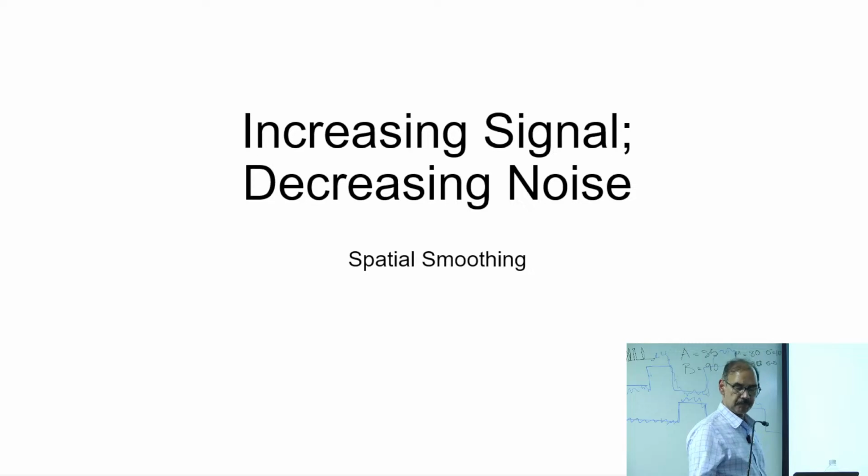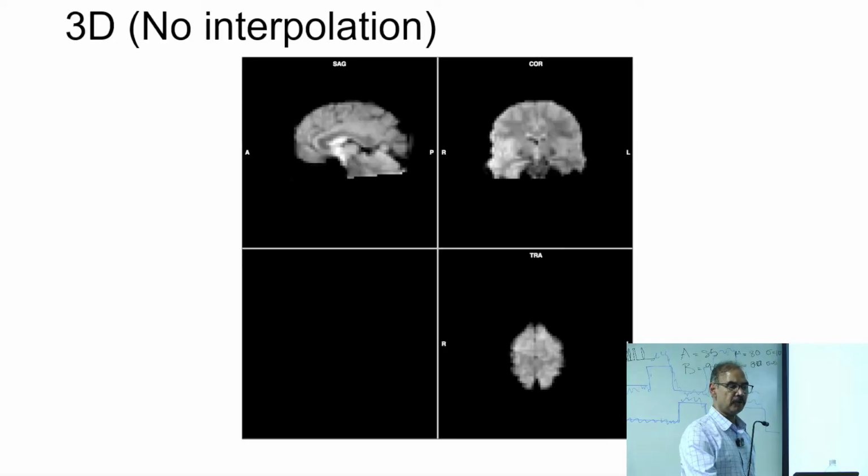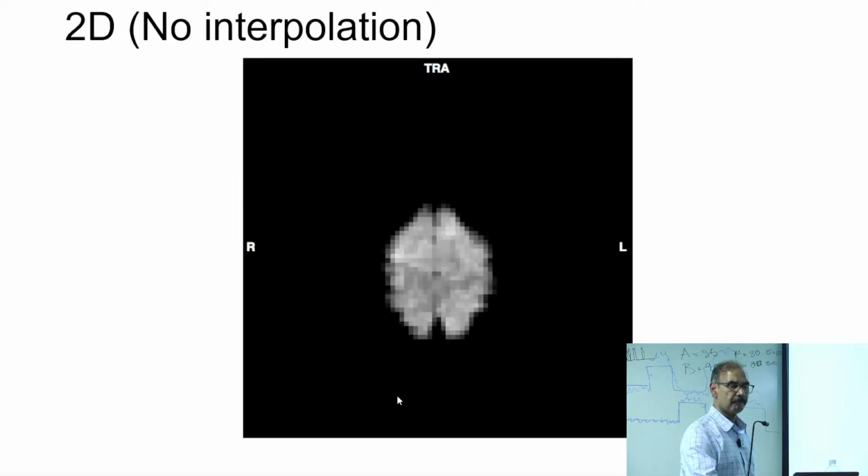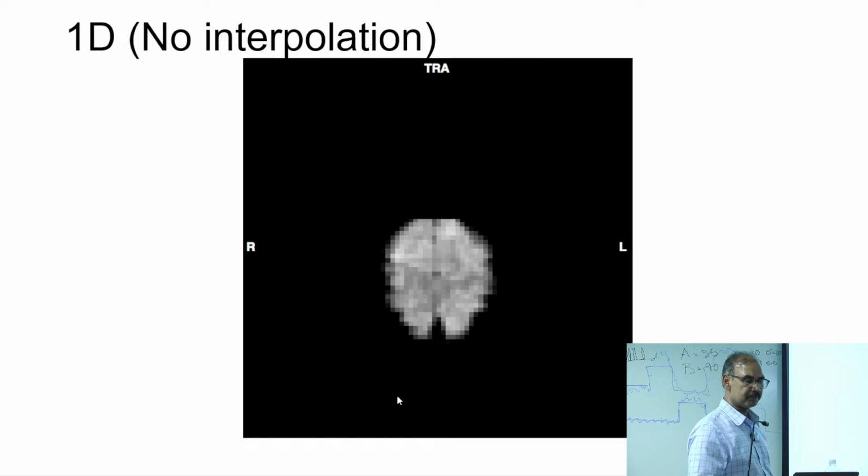So, increasing signal and decreasing noise, and the way it can be achieved is through spatial smoothing, right? This is without any kind of interpolation, right? This is 2D without any interpolation, and this is a one-dimensional signal without any kind of interpolation.